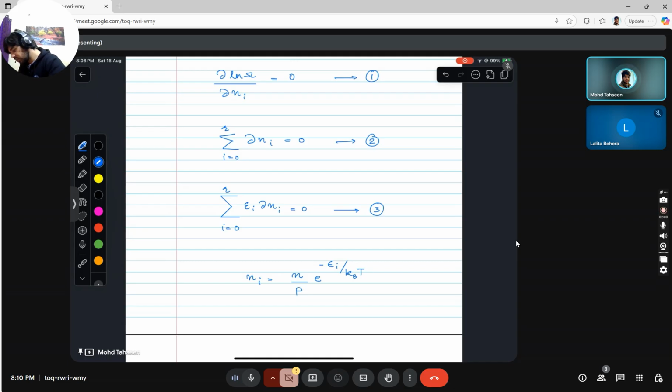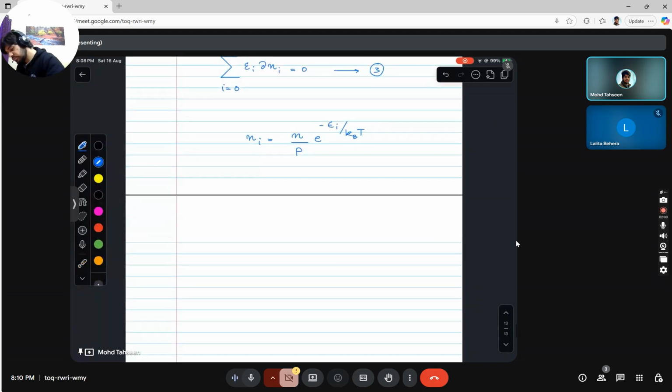Where this 1 over k_B T factor comes out to be a Lagrange parameter, and this P is equal to the summation of i running from 0 to r, so basically the sum of all these states, e to the minus epsilon i over k_B T, the exponential number. This is what P is, and this is called a partition function.